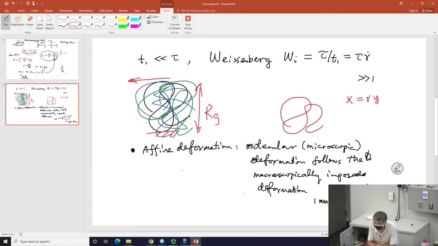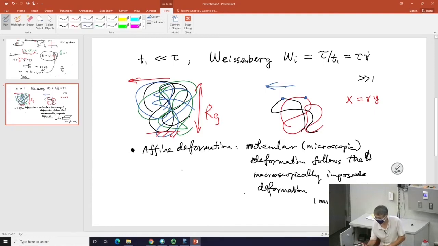So basically, affine deformation, I know it's not going to be easy to draw a change. It means that my initial point is here, now it is here, if I'm shearing that way.